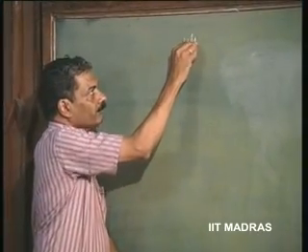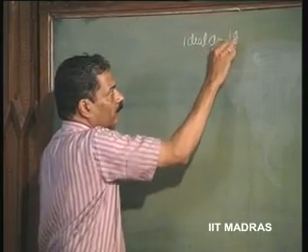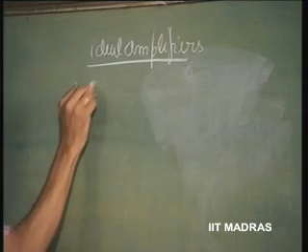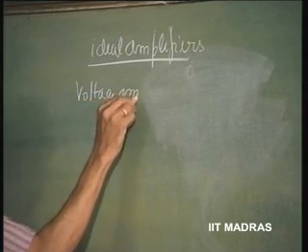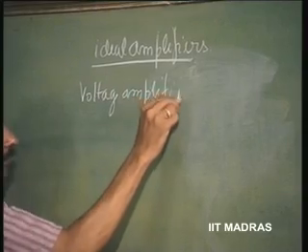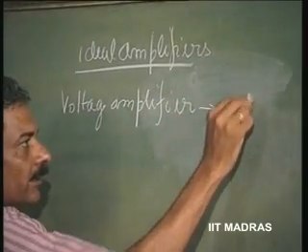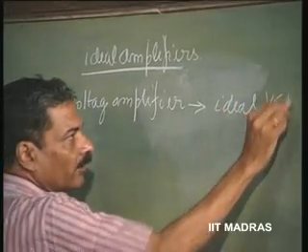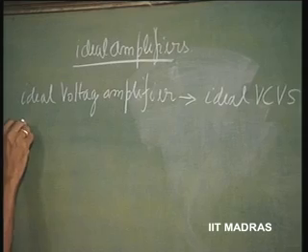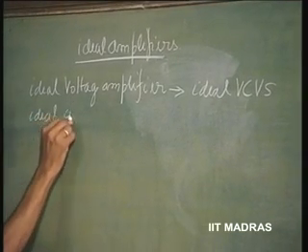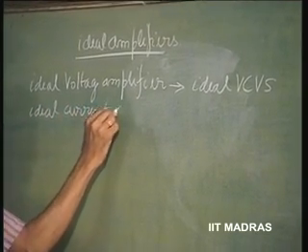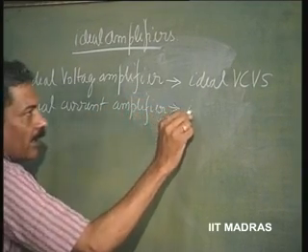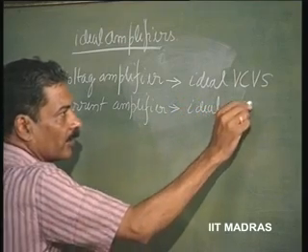So, we discussed voltage amplifier, which was an ideal voltage controlled voltage source. We discussed ideal current amplifier, which was ideal current controlled current source.